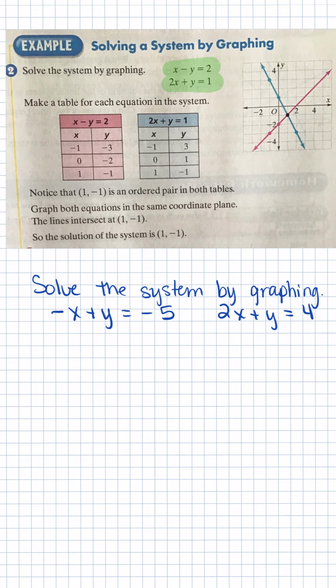Now we don't have it in y-intercept form, so we don't know what the y-intercept is. We could solve for y and get it in y-intercept form, and that would be completely acceptable. But another way we could do it is make a table for each equation. For this first equation, we just took numbers, -1, 0, and 1, and plugged them in for x.